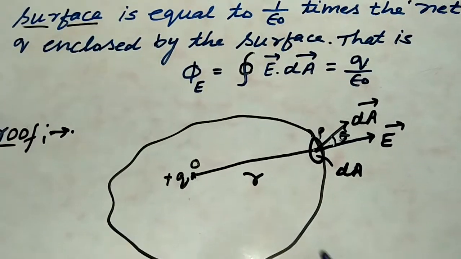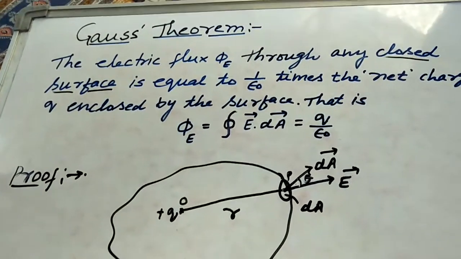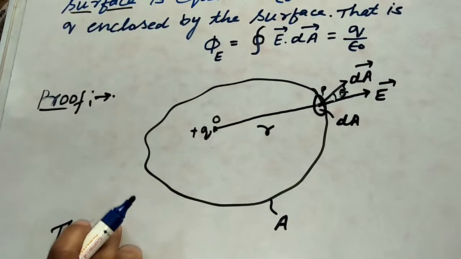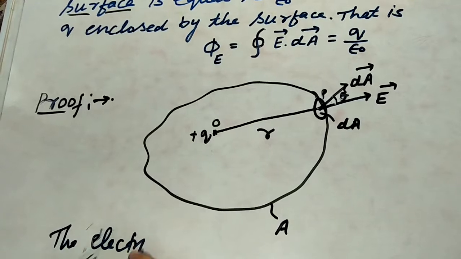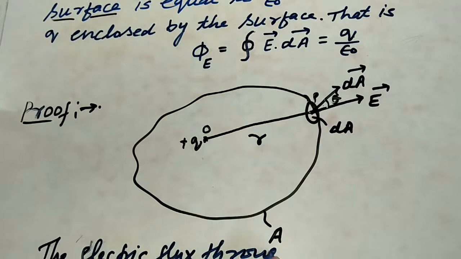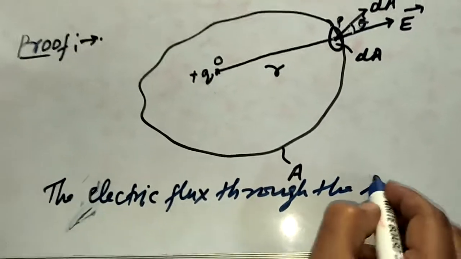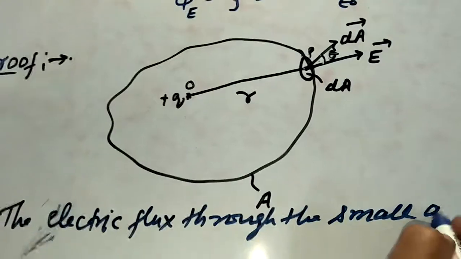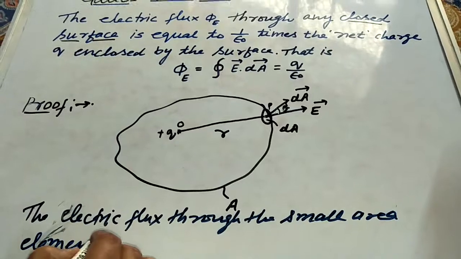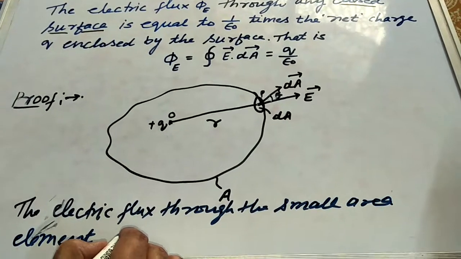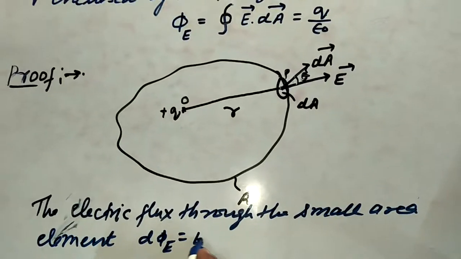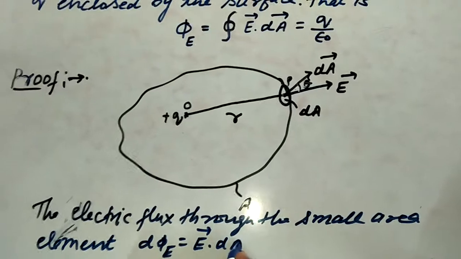And theta is the angle between the electric field and the area vector of this small element dA. And the electric flux through the small area element, how can we find it? d phi E is equal to vector E dot vector dA.